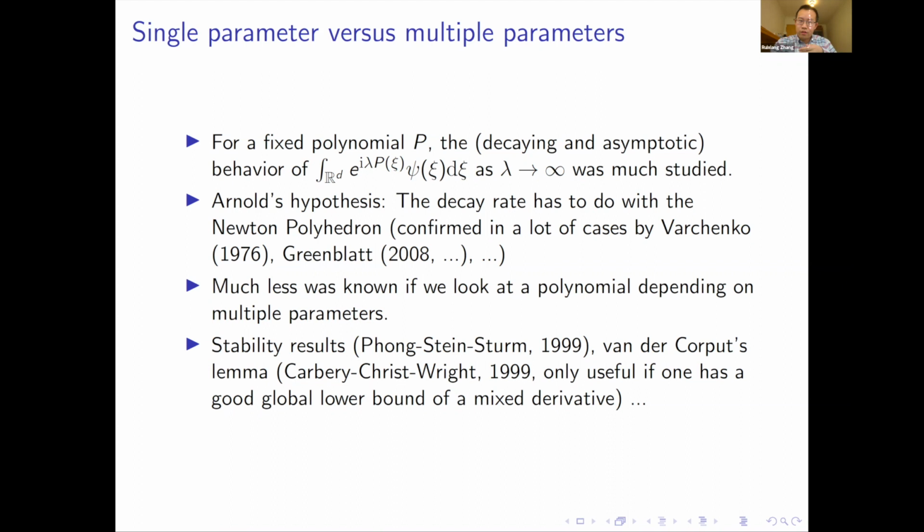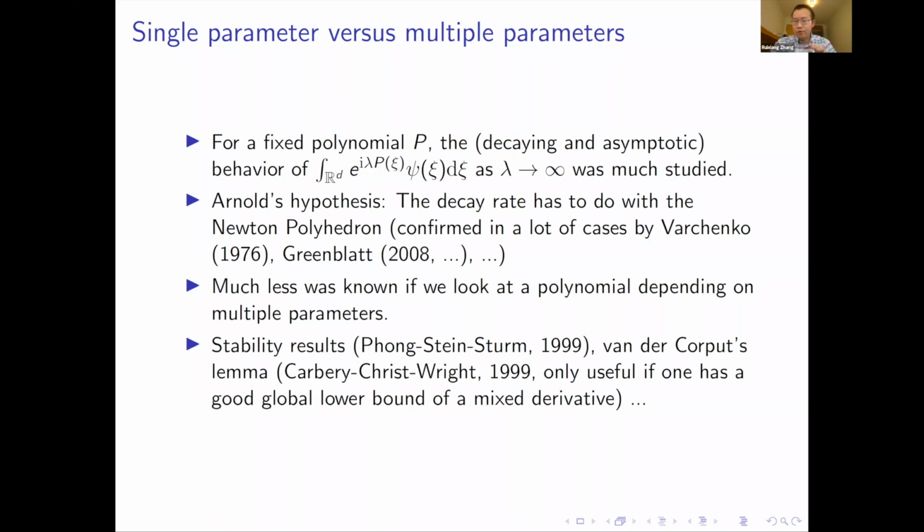You ask how big this is, and there's a problem in understanding this, and there's the Arnold hypothesis, saying that, well, I actually don't know exactly what it is, but on the big picture, it certainly says that the decay rate has to do with the Newton polyhedron.